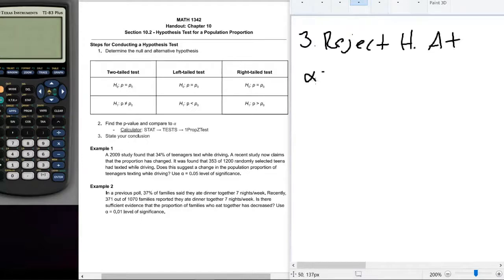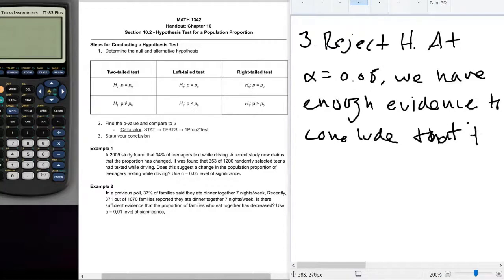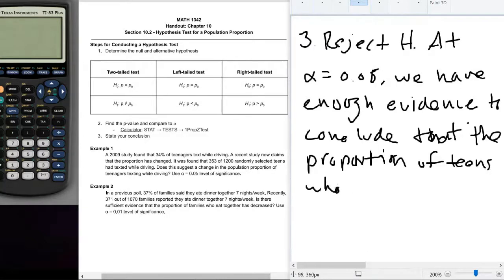At alpha equals 0.05, we have enough evidence to conclude that the proportion of teenagers who text and drive has changed.